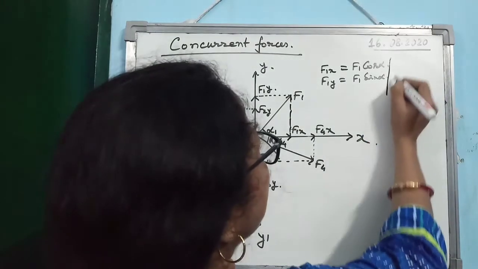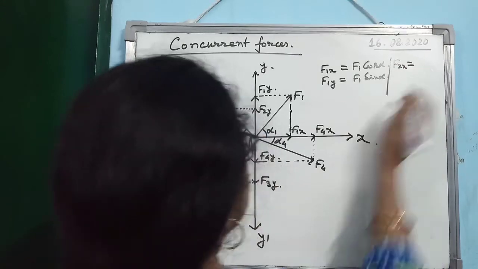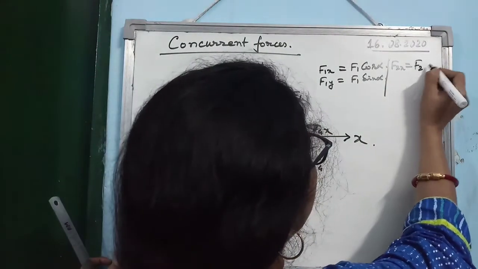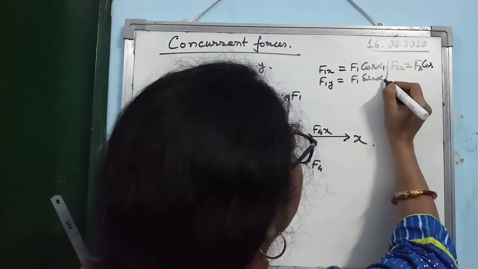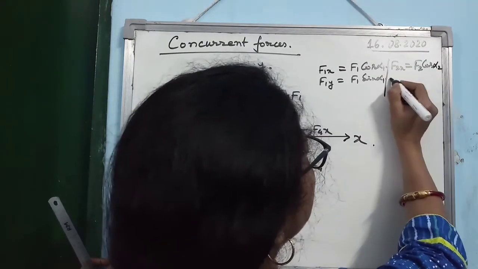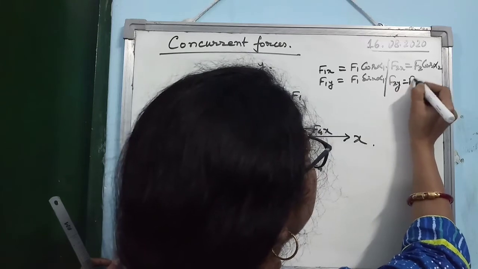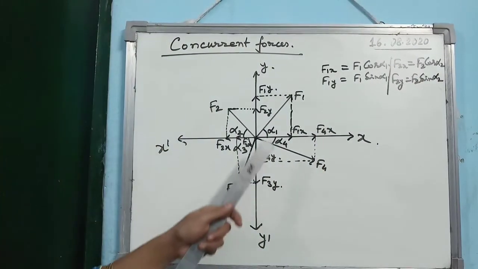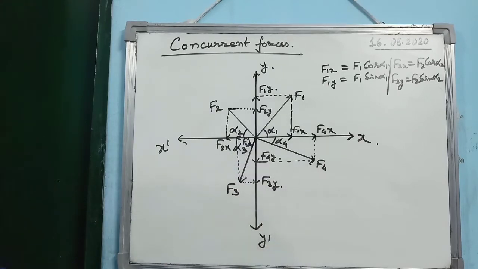Then like that, what will be F2x? F2x, you just see. F2x will be F2 cos, here alpha 1, sorry, alpha 2. Then what will be F2y? F2 sin alpha 2. Now, exactly in the same manner you can do for F3 and F4.